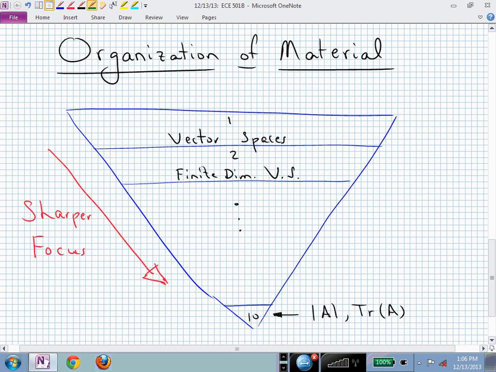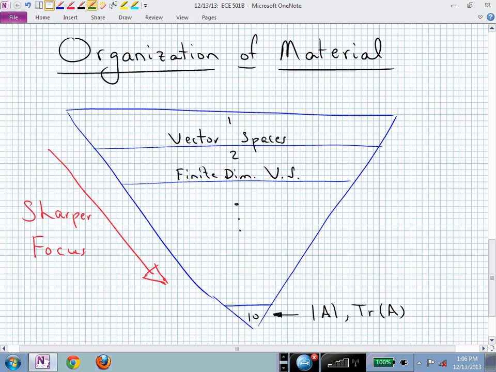And then we said let's specialize that to finite dimensions. Then we started learning about linear maps, and we finally ended up down here with matrices and understanding a little bit more about determinant and the trace of a particular map, and in particular a matrix A. A lot of times linear algebra classes start with the determinant and the trace, or the determinant, and then build up from there.